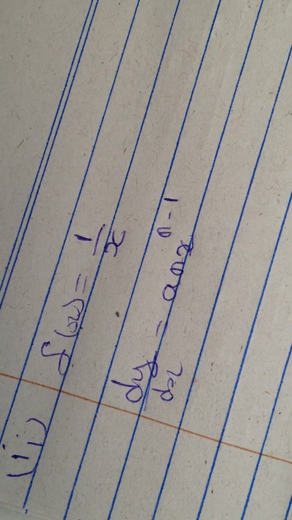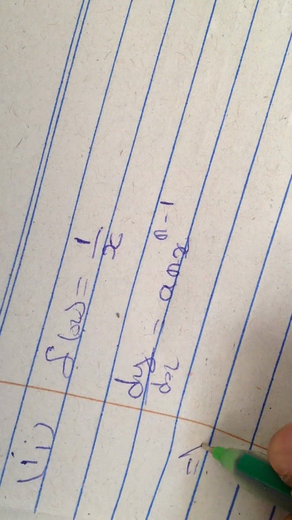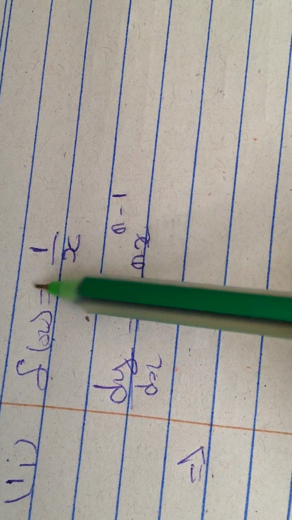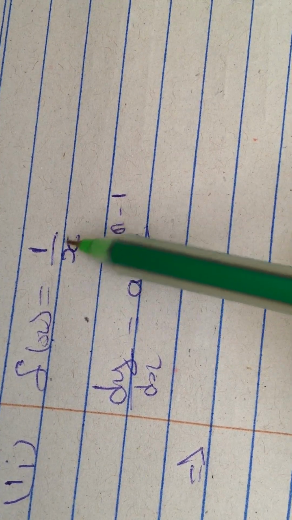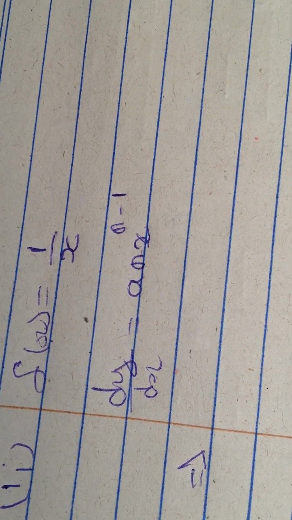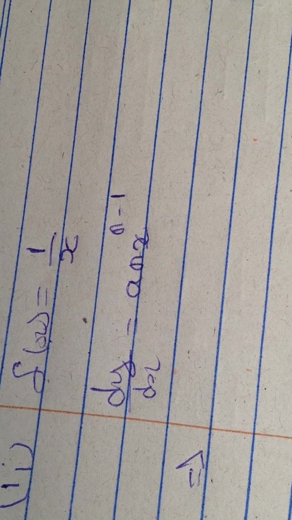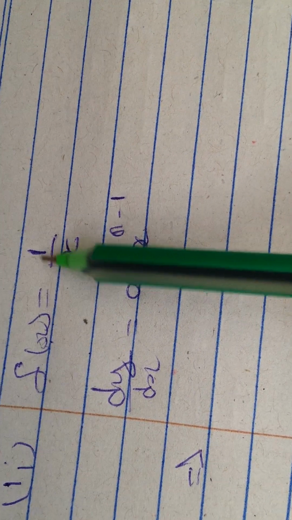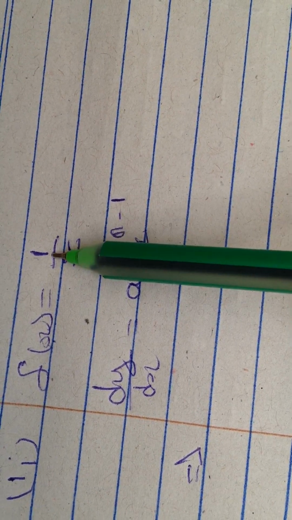So what are we going to do? We've been asked to differentiate this one. How are you going to differentiate it? It is 1 over x. The rules of indices state that if you have one bar, I'm going back to the rules of indices.